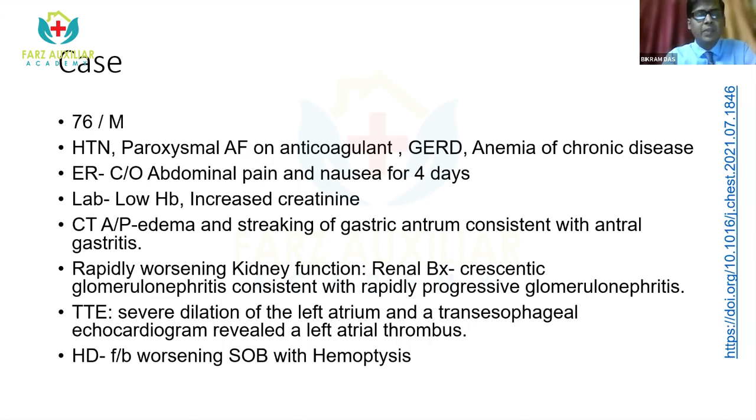There is rapidly worsening kidney function, presenting with abdominal pain followed by shortness of breath after hemodialysis along with hemoptysis. So two organs are mostly involved, one is lung and one is kidney. So what is the syndrome that may be related to autoimmune disease? Any responses, please? You can write your response in the chat box or you can interact directly.